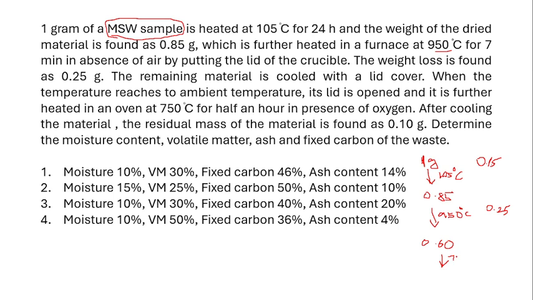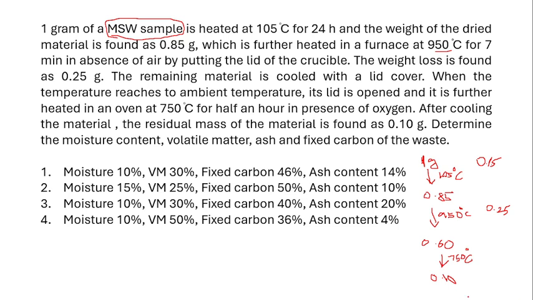Again, it is heated in the oven at 750 degrees Celsius for half an hour in the presence of oxygen. After cooling the material, the residual mass of the material is found to be, so the final weight obtained is 0.1 gram. Okay, 0.10 gram. Determine the moisture content, volatile matter, ash, and fixed carbon.